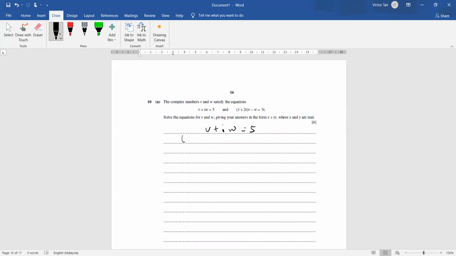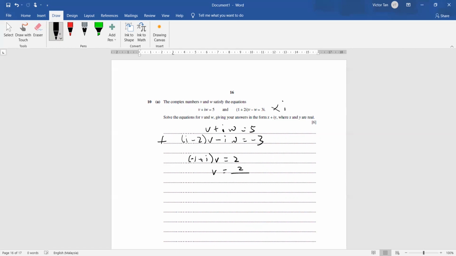So you have i minus 2 v minus iw equals to minus 3. This equation multiplied by i. Adding both equations, you have minus 1 plus i v equals to 2.